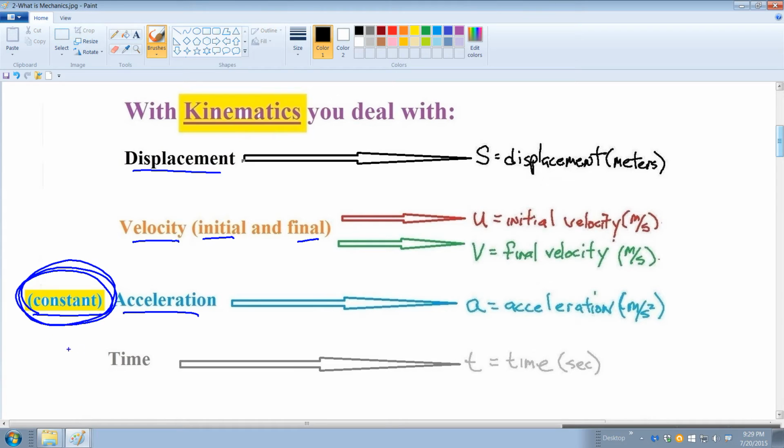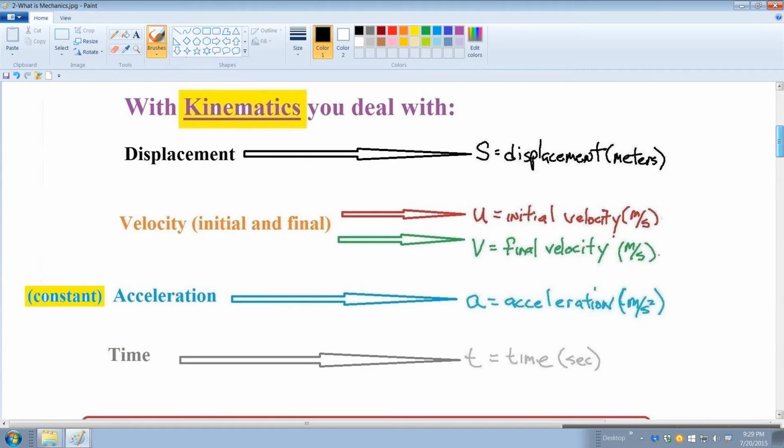And you'll be seeing me put constant there a lot, because the SUVAT equations, the kinematic equations that you get, even if they're not written in the SUVAT way, are under the assumption that it's a system subjected to constant acceleration, and then time. So we're dealing with meters per second for velocity, meters for displacement, meters per second squared for acceleration, and seconds for time.